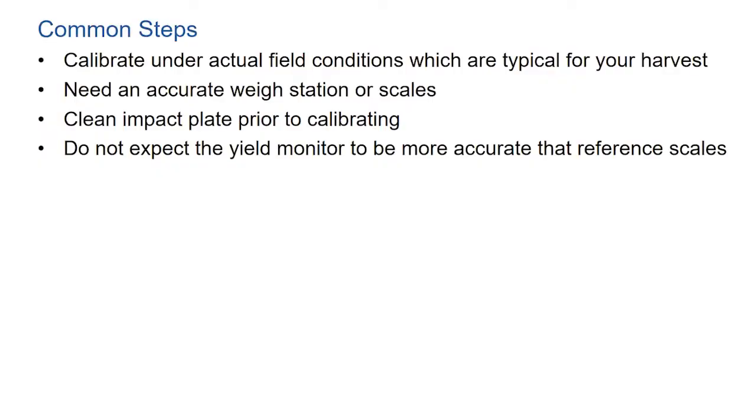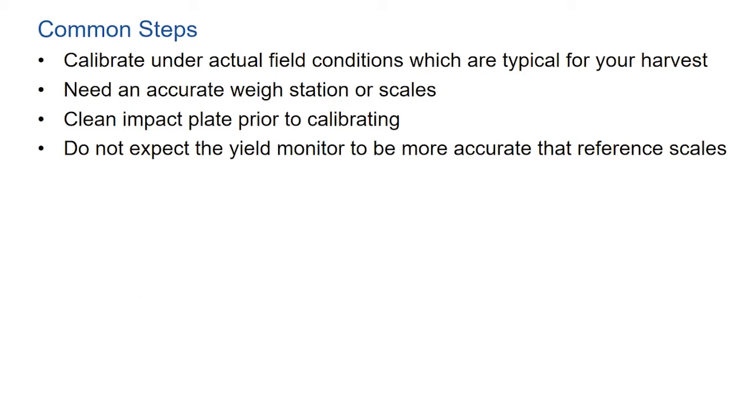Now we have to harvest a known area, so we know the width of the head or the harvesting machine or the platform. We know the width of the machine, and we harvest a known length.